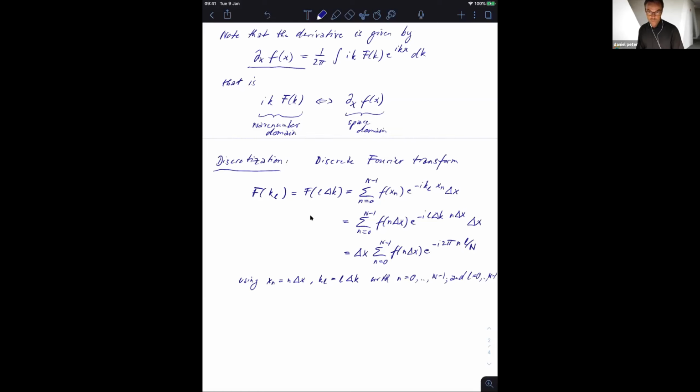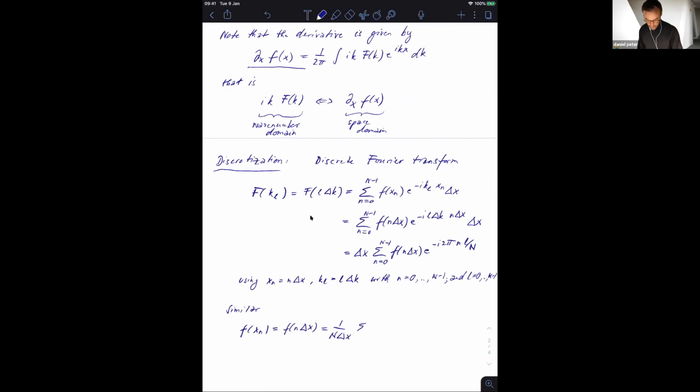So this would be the discrete Fourier transform, and then we have to go back, basically take the inverse Fourier transform, and similar to the forward Fourier transform, the inverse can be written in a discrete form. And we go back to the spatial function, evaluated at grid point x_n. That becomes then this expression.